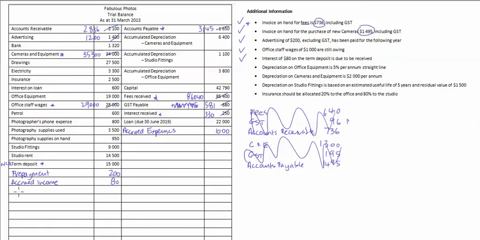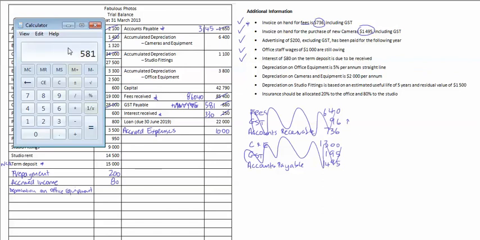Now let's do our depreciations. So the first one is depreciation on office equipment. What is it? 5% straight line. So office equipment is 19,000. Straight line just means we're going to depreciate it 5% every year. So 19,000. This is how I would calculate it.